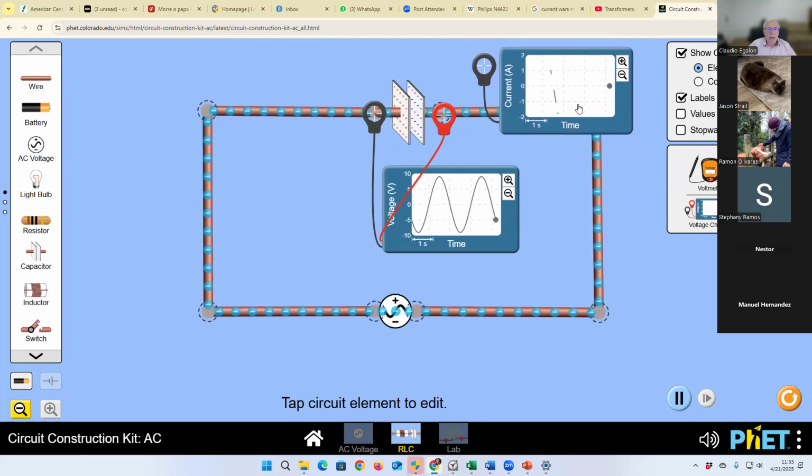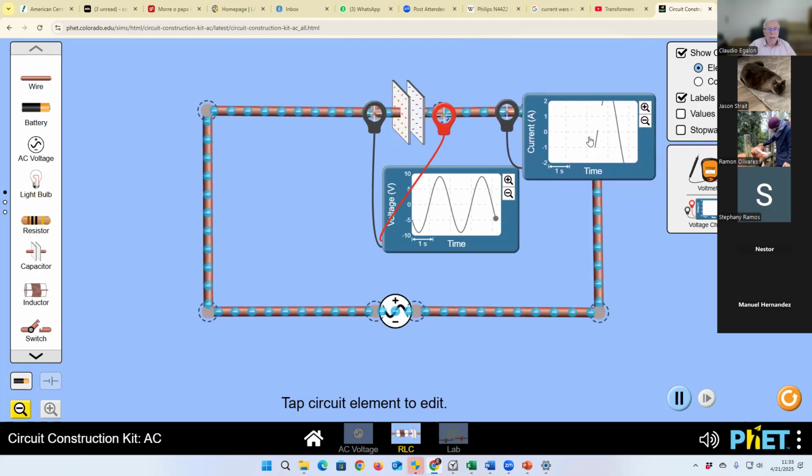Let's see how I'm going to do that. Oh yeah, here you go. The current right here. Let's see if we can pause momentarily. Oh yeah, we can pause here. Right in here, look at the beginning of the current.